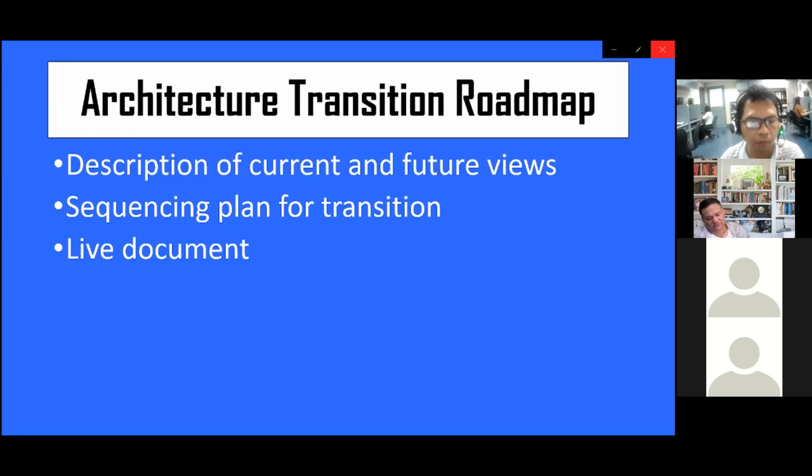I know many companies are going through transition, especially on the onset of the pandemic. So most businesses had to reassess their operations if they're still effective. So EA could really help with that process, and having that architecture transition roadmap would really help in making the transition easier.